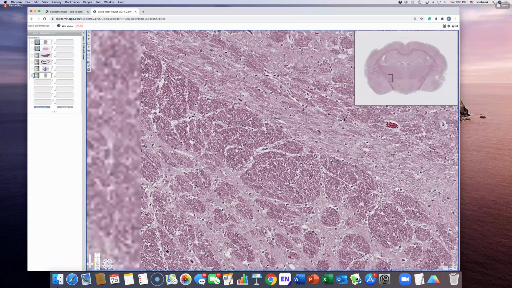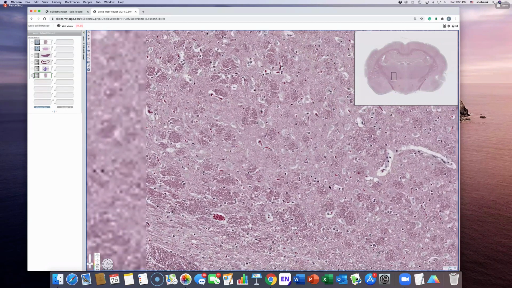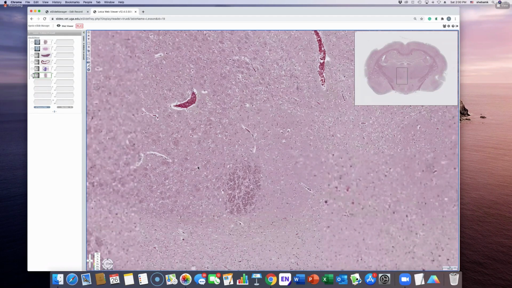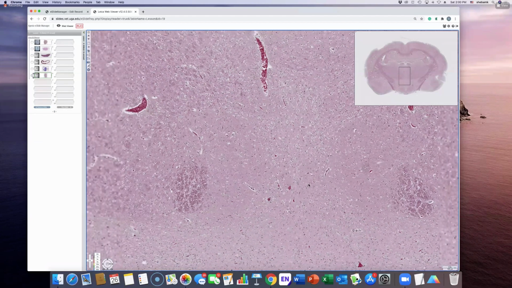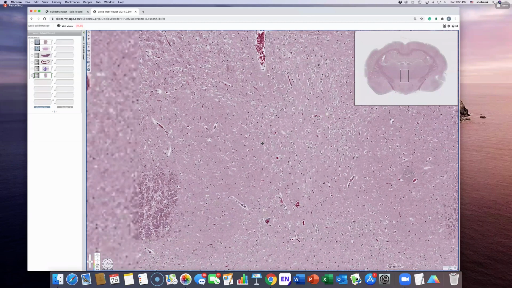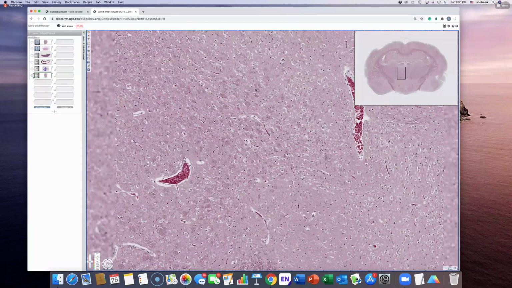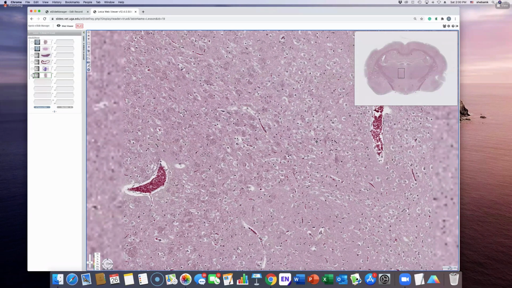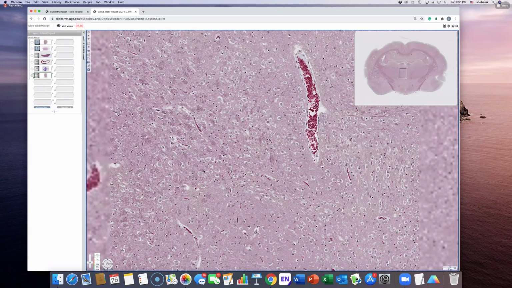If we see aggregates of nerve cell bodies, let's find one aggregate right here. Can you see these nerve cell bodies? There is another distinct aggregation of nerve cell bodies. What would you call that in the brain? A nucleus.